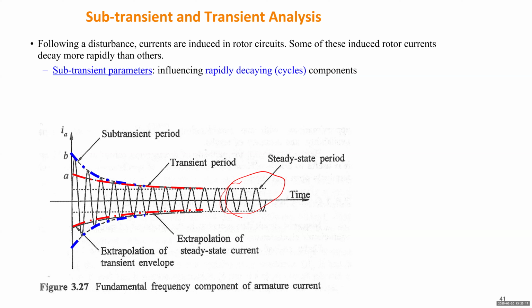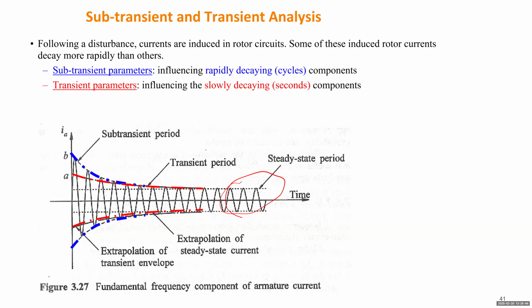After the sub-transient dynamic decays, we notice the waveform has still not reached the equilibrium or steady state yet. It still takes a longer time to really become an equal magnitude waveform. That time usually takes several seconds to tens of seconds. So that's called the transient period.